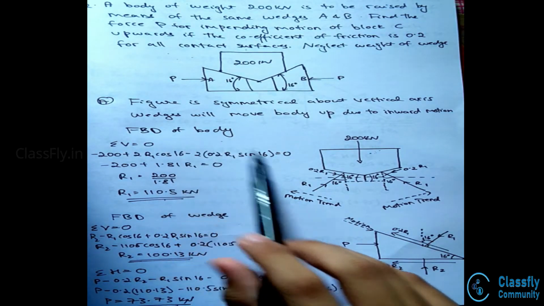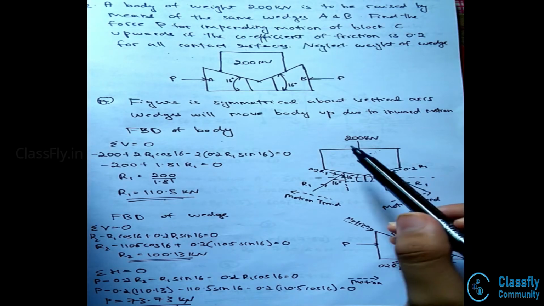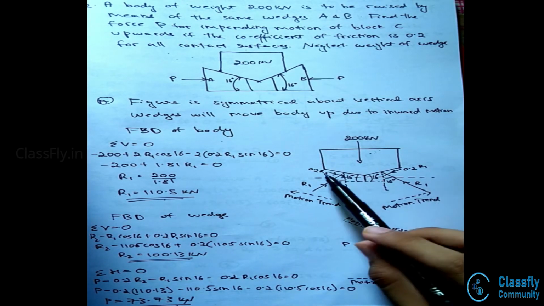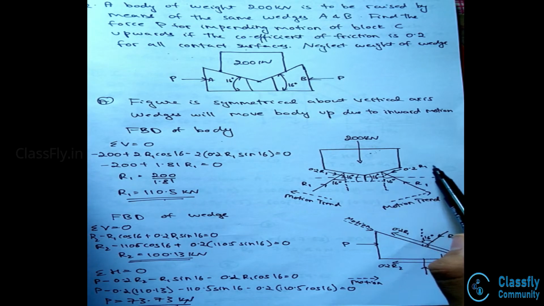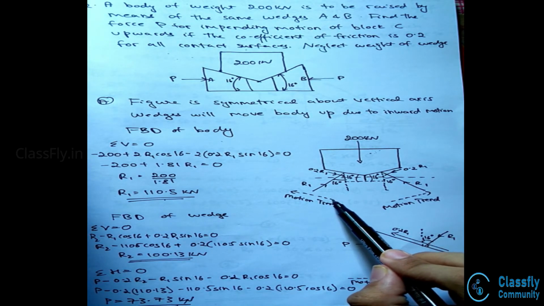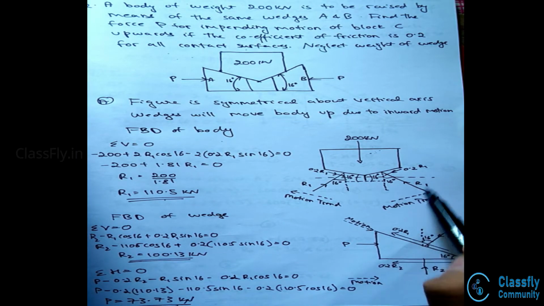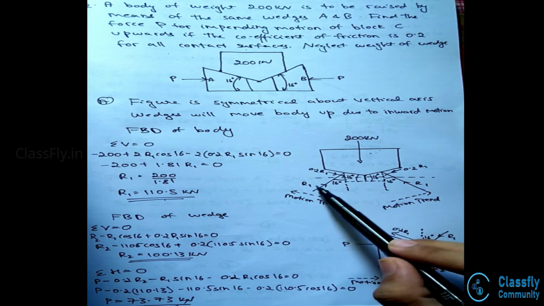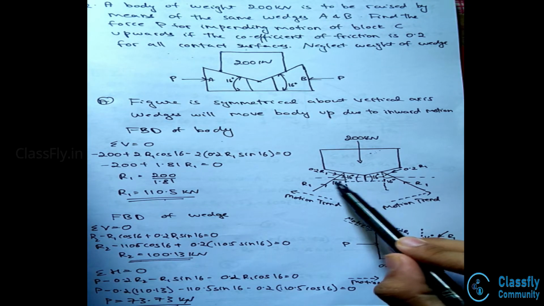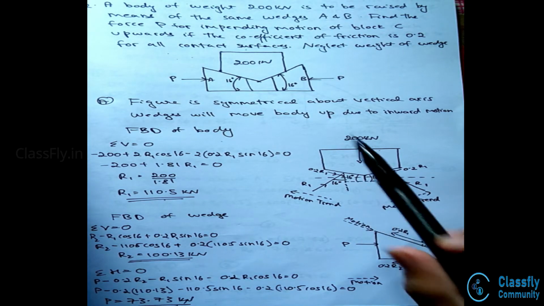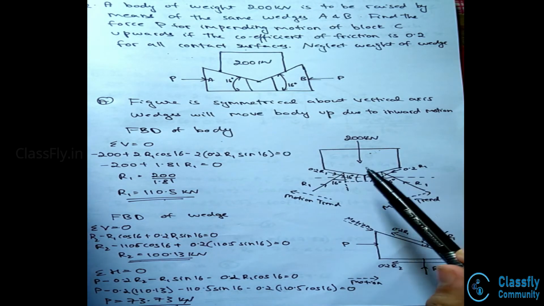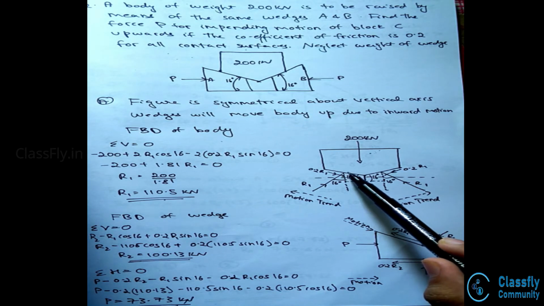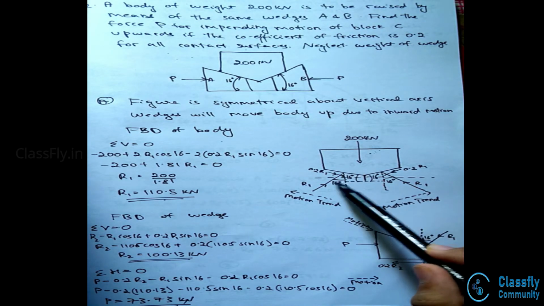There will be two frictional forces acting on the two inclined sides, that is 0.2 R1 and 0.2 R1, which will be in the direction opposite to that of the motion. Also, normal reaction forces will be acting at points A and B, that is R1 and R1, making an angle of 16 degrees with the vertical axis, as the given angle is 16 degrees, and hence a vertical axis drawn to the point of the reaction force will have the same angle.